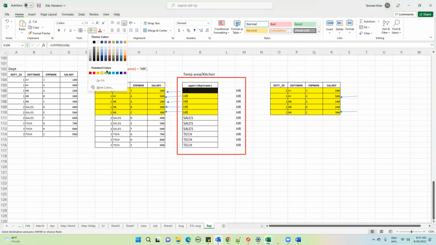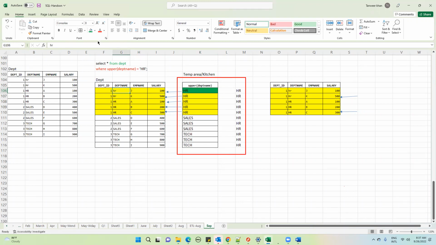Let me mark it in blue color. From where did you get this? Tell me this. From the original table. Yeah, that's what I'm telling. We got this value from here, right? Correct, no? Yes. So that is why, if this is selected, it means you have to select this one.